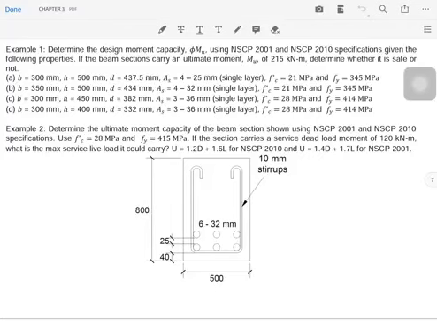So we are now into our examples, guys, for singly reinforced beams, specifically for rectangular beams. Example 1: determine the design moment capacity phi Mn using NSCP 2001 and NSCP 2010 specifications given the following properties.